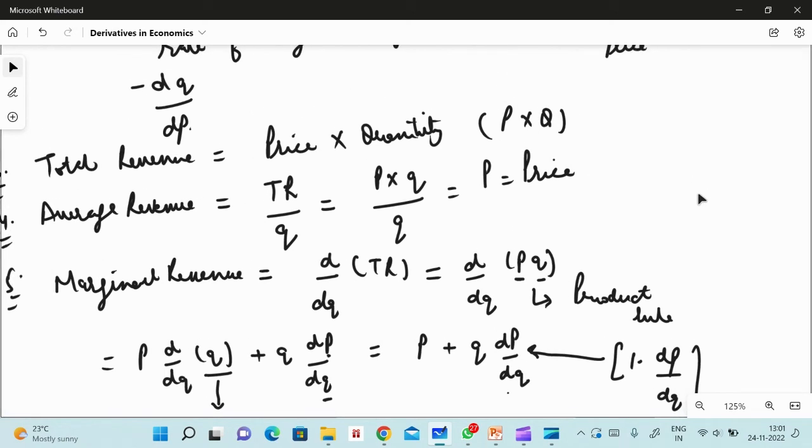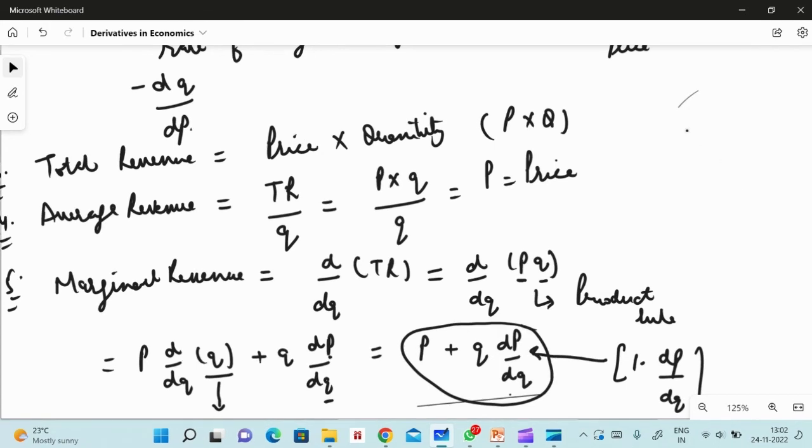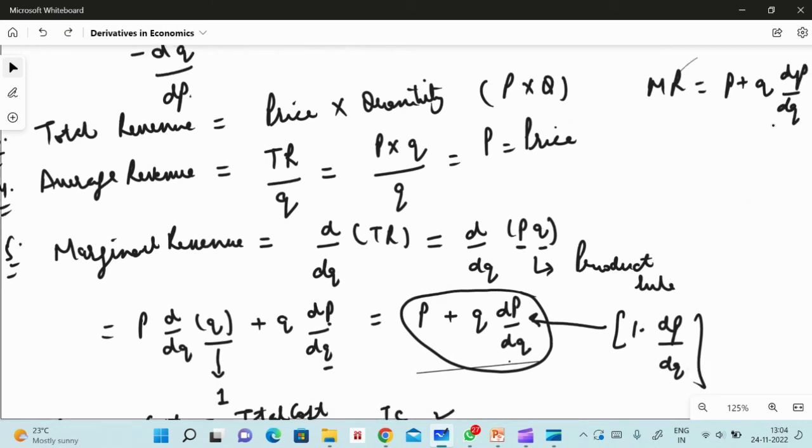So whenever it is asked that we have to show the relationship between average revenue, marginal revenue, and elasticity of demand, we know that marginal revenue is equal to P plus Q into dP by dQ, this part, right? So if we continue this further, marginal revenue is equal to P plus Q into dP by dQ.